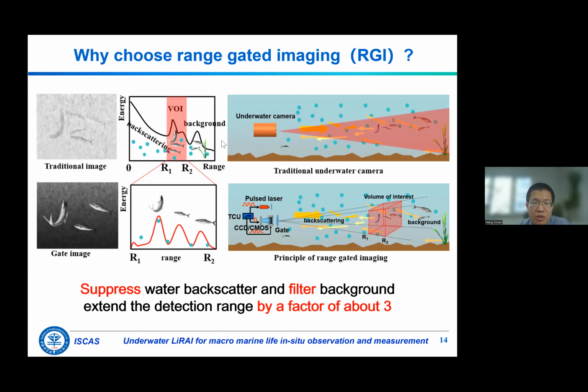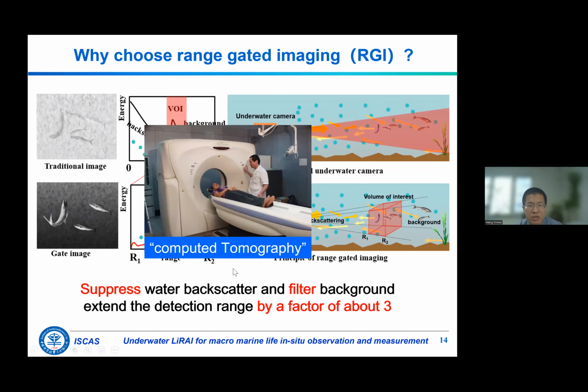Different from the traditional underwater camera, range-gated imaging can suppress water backscattering and filter background. It can extend the detection range by a factor of about 3, and in this picture, the volume of interest can be grasped. It works like computed tomography.